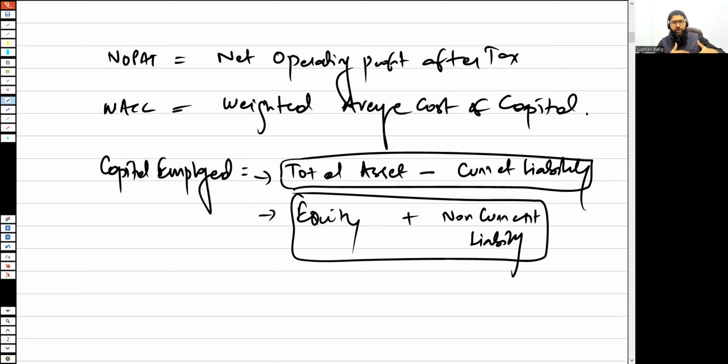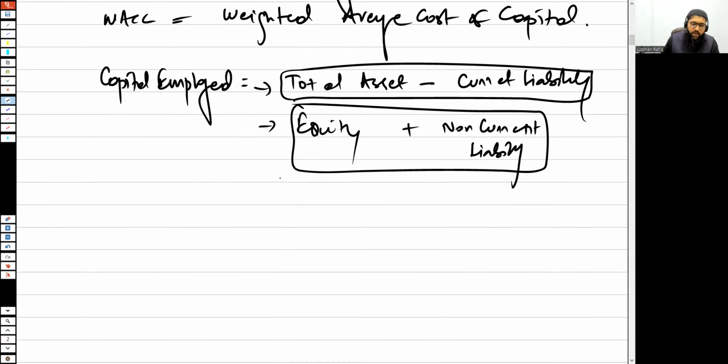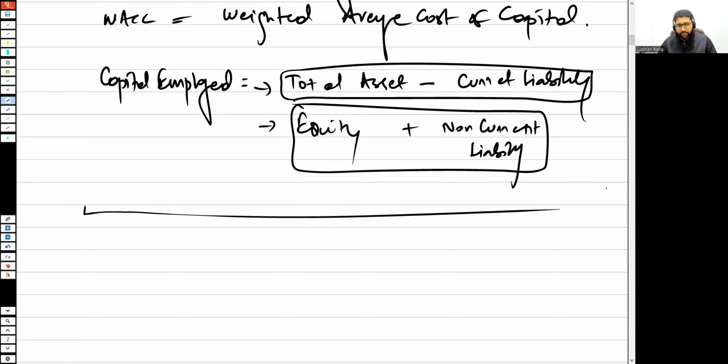So it is either total assets minus current liability or equity plus non-current liability. Now I'm going to discuss each of the aspects one by one and explain how the economic value added is calculated. But before I calculate the economic value added in detail, let me just guide you.